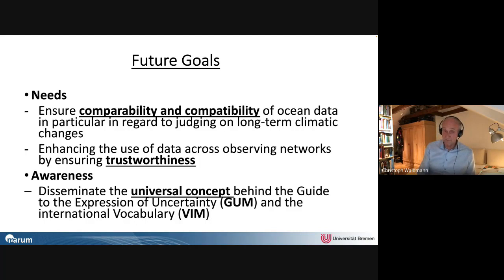No, just a final word on the Guide to the Expression of Uncertainty in Measurement, the GUM, and the International Vocabulary. This is the core of the metrology system. It's not just calibration, it's each phase of a measurement, field measurements or calibration. For all that, you can apply the GUM, and we have done that. In the end, I think it's fantastic. It's a very good concept.